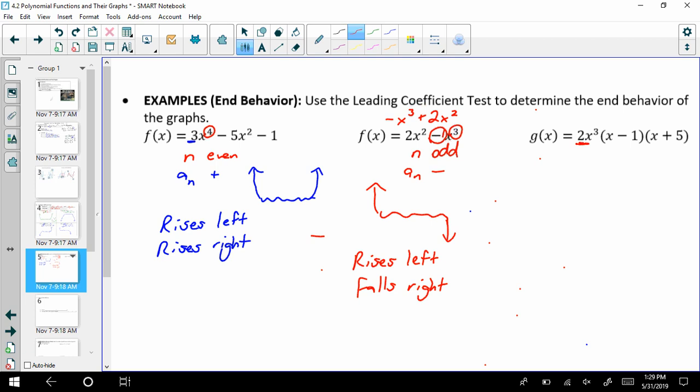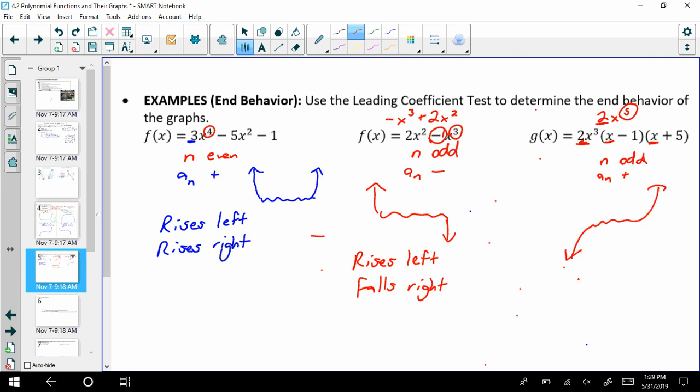So if I took this guy times x, that would be 2x to the 4th, and then times the other x, I would get a 2x to the 5th. Really, that's all I need to know. I don't need to multiply the rest out. So my highest exponent is odd, and the number out front, the leading coefficient, is positive. So odd, we want to think opposite. Positive, it's rising, so I know it's going to do this.